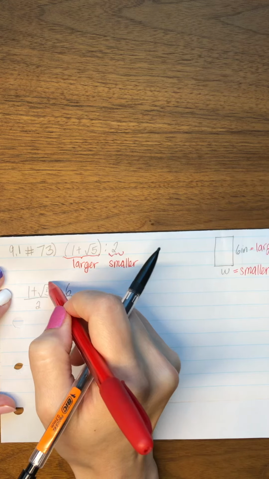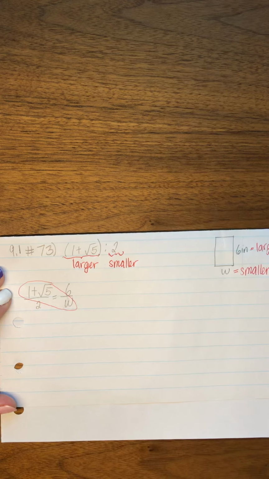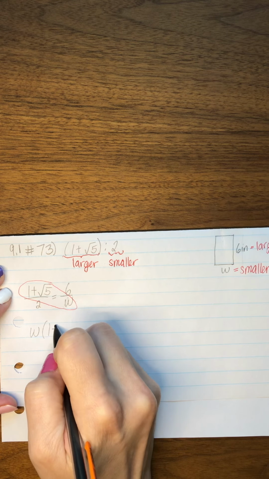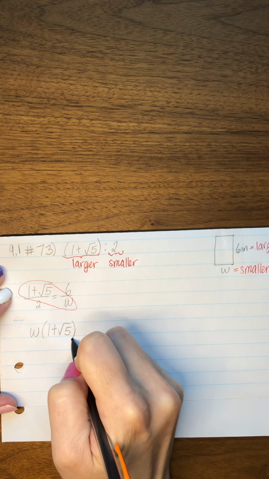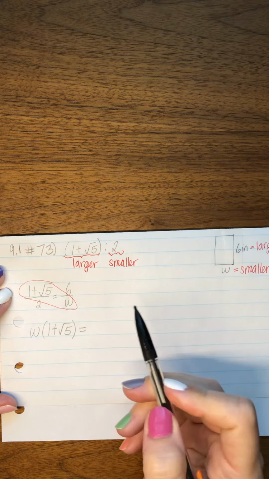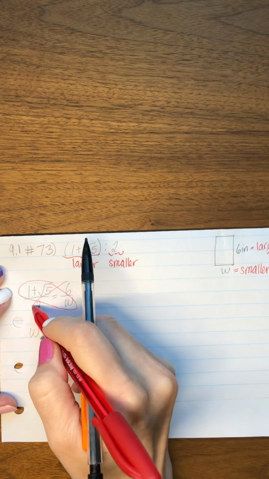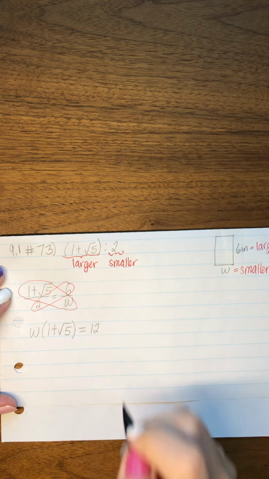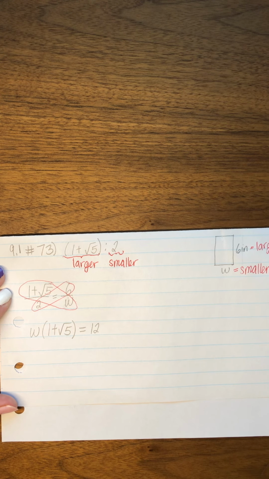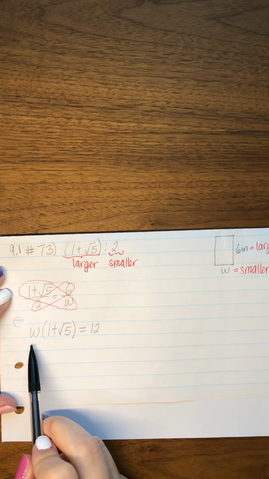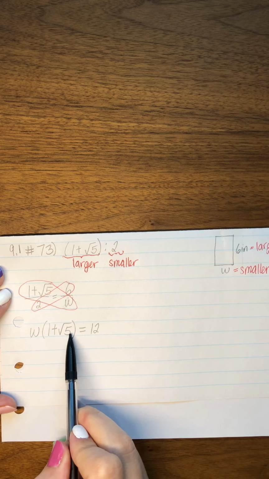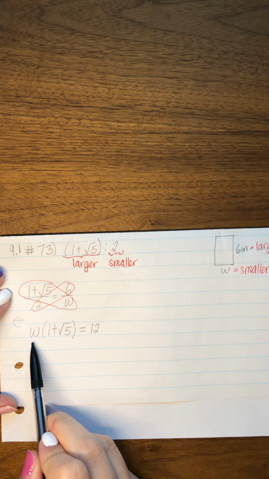When I cross multiply this way, I end up multiplying W times the quantity of 1 plus the square root of 5. And then I'm going to set it equal to, cross multiplying the other way, 2 times 6 is 12. Now this is the equation we're going to solve for W. I do not want to distribute W into this parentheses because then I would have 2 W's, but I want to isolate the W, so let's keep the W out here.